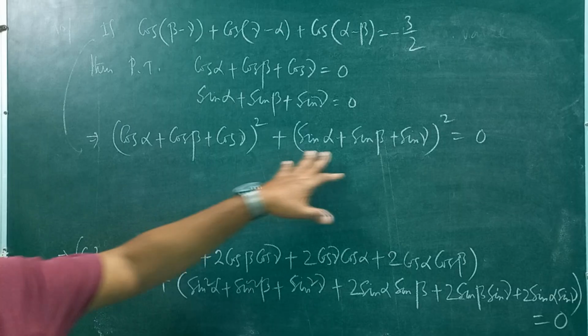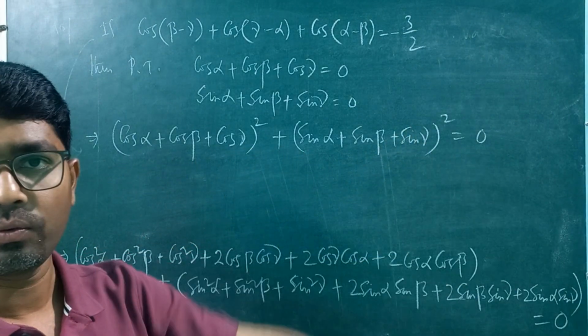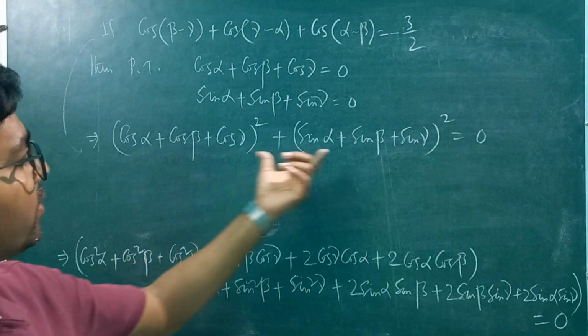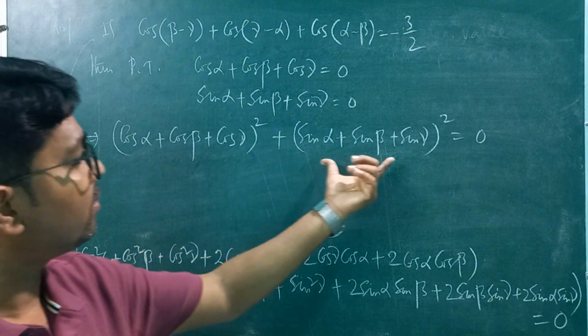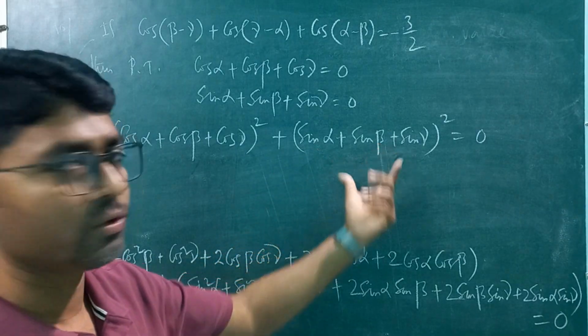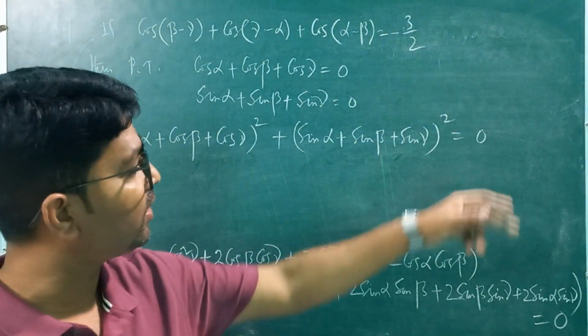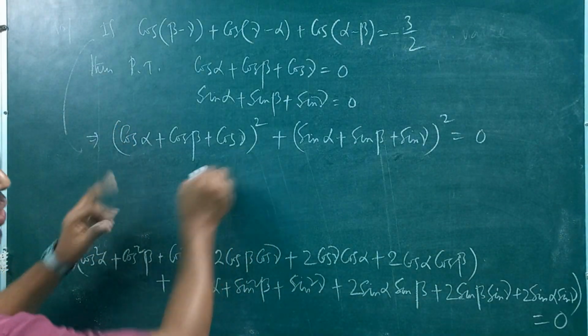Now see what has happened. The sum of two square terms is 0, and you know, if the sum of two square terms is 0, then each of them is 0. That is, this term will be 0 and this term will be 0, because they are square terms. Square terms cannot be negative, as their sum is 0, so they must be 0.